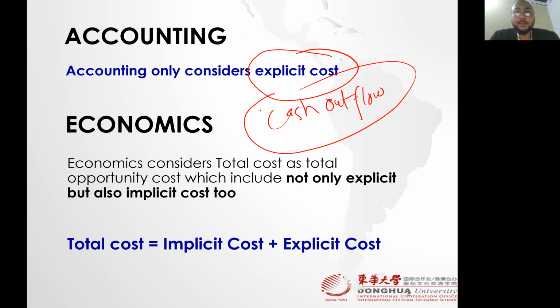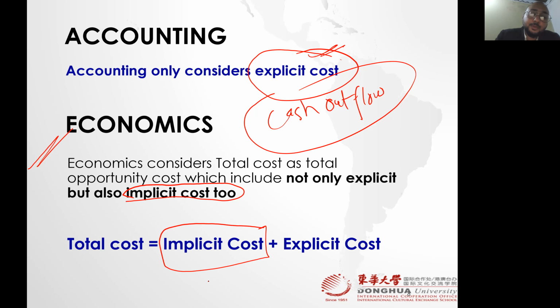But economics assumes not only the explicit cost but also the opportunity cost, or implicit cost. The other name of implicit cost is opportunity cost.